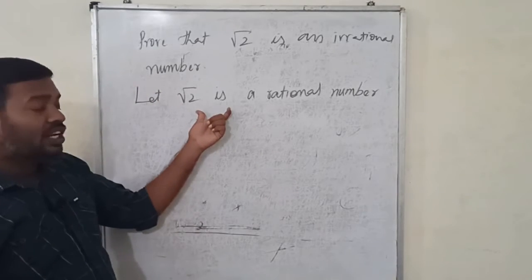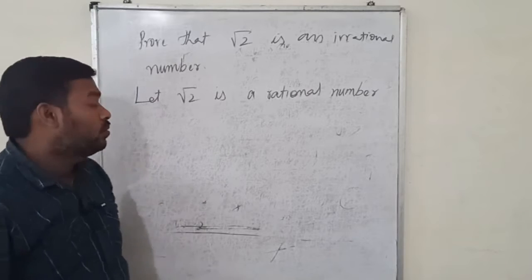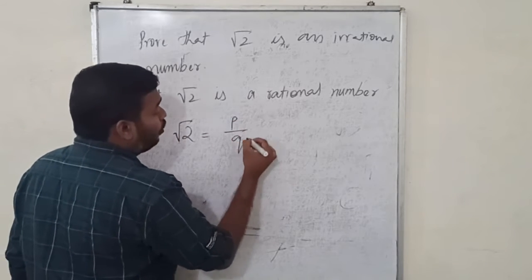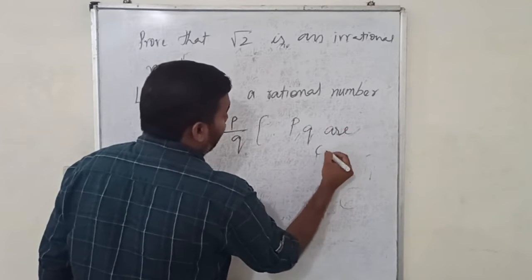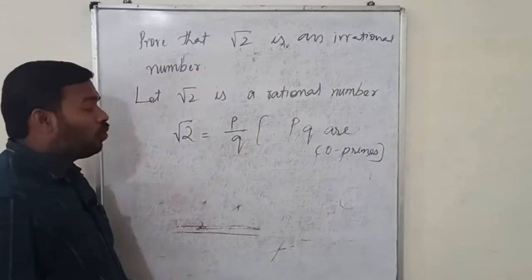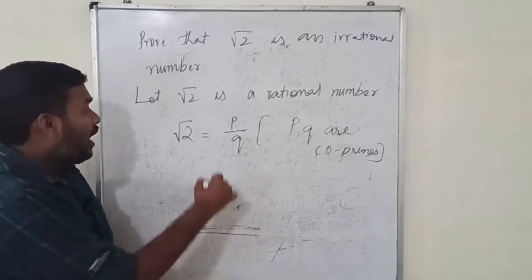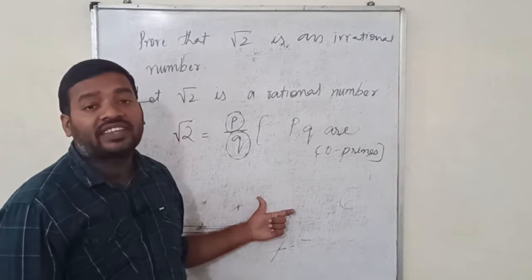If it is a rational number, we can express that in the form of p by q. That means root 2 can be expressed in the form of p by q, where p, q are co-primes. What do you mean by co-primes? Co-primes are the numbers which don't have common factors other than 1.